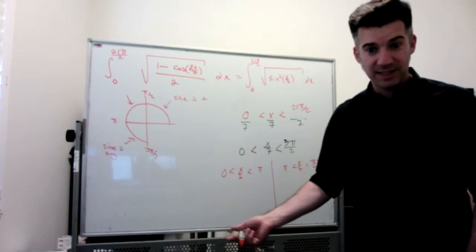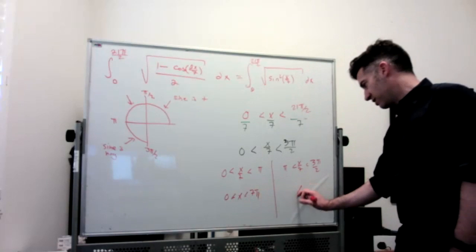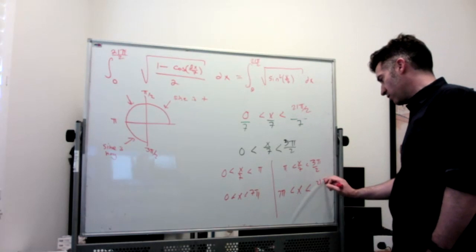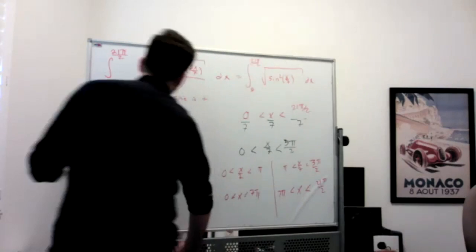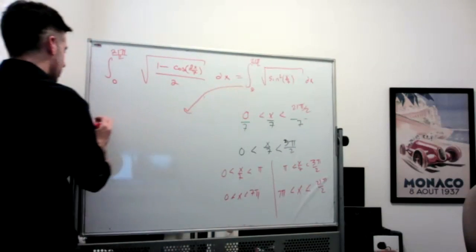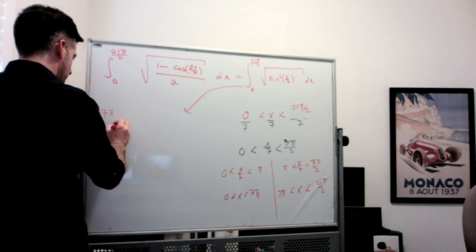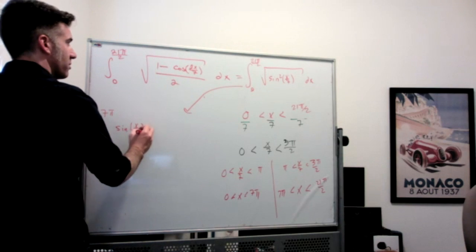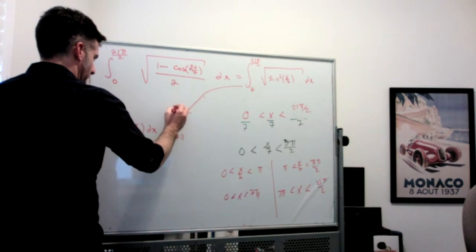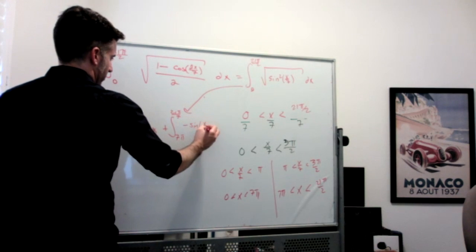And then multiply it back by 7, so that x is between 0 and 7 pi, and then here x is between 7 pi and, multiplying by 7, 21 pi over 2. So the way you would do this integral, if you give yourself funkier limits of integration, is the integral from 0 to 7 pi of sine of x over 7, plus the integral from 7 pi to 21 pi over 2 of negative sine of x over 7.